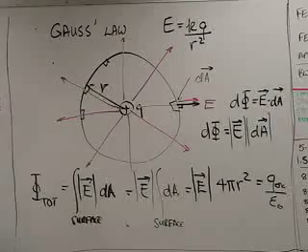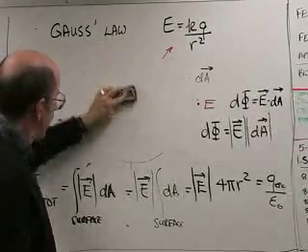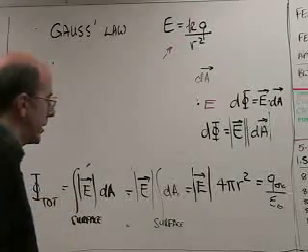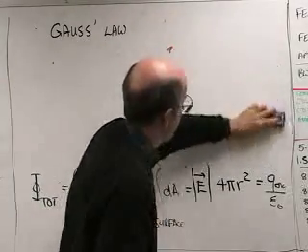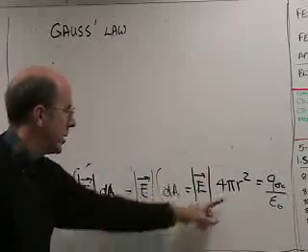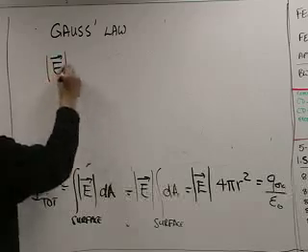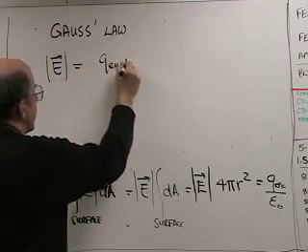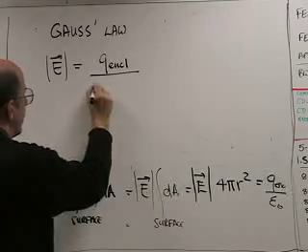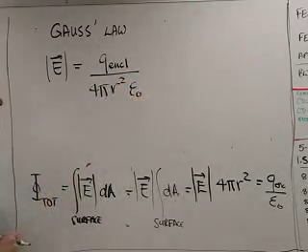Let me erase my sphere now that I've made use of it and do the final step. If I take this part here, I get the absolute value of E is going to be equal to Q enclosed over 4 pi r squared epsilon 0.